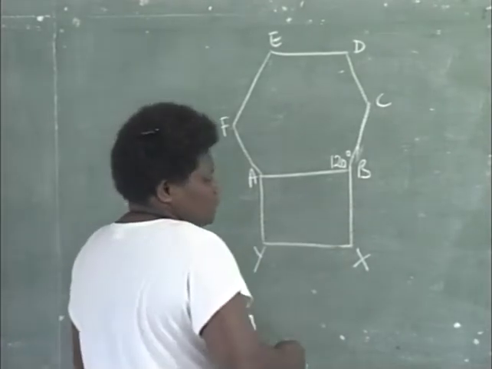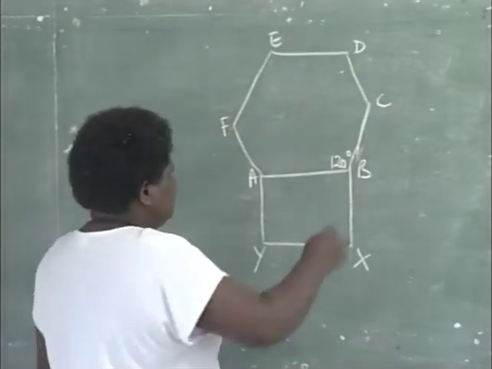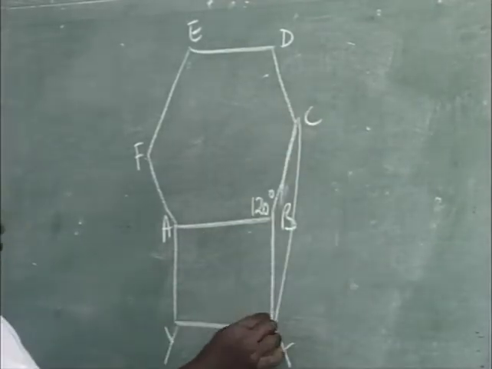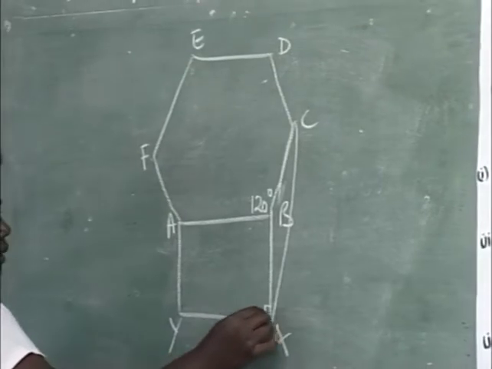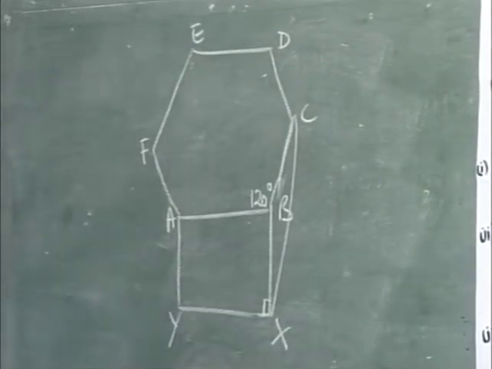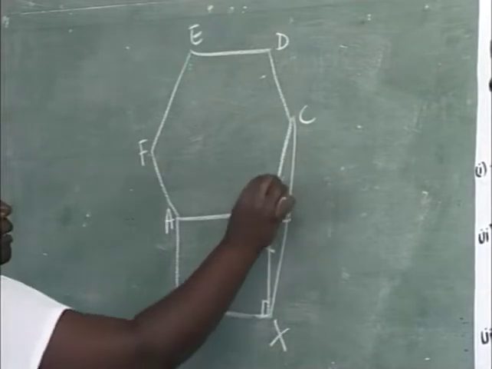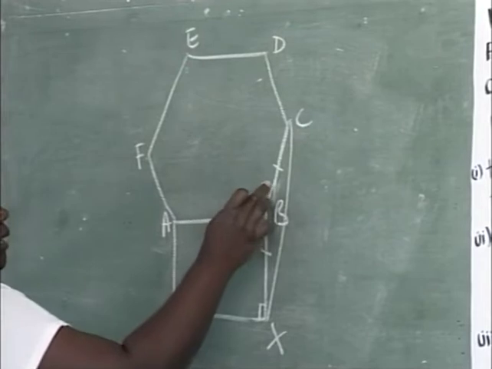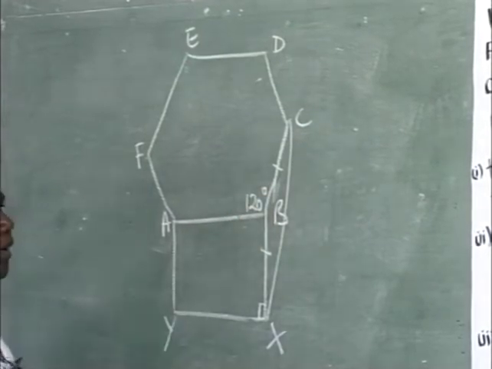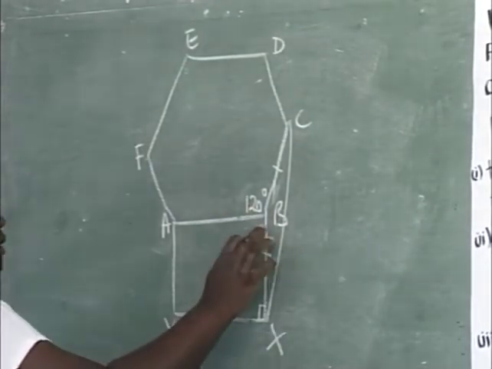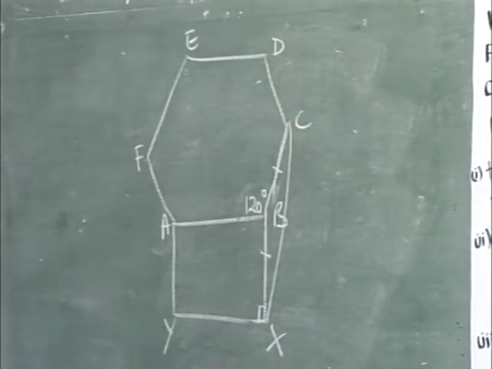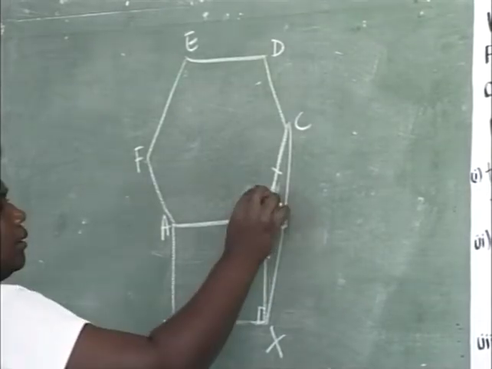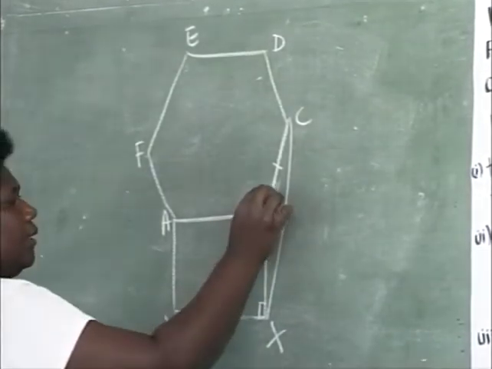Okay, you are asked to find angle CXY, which includes 90 degrees because it's the angle in a square, and then these two are equal. This is 120 degrees, and this is 90, which gives 210. You subtract 210 from 360, and it will give 150.